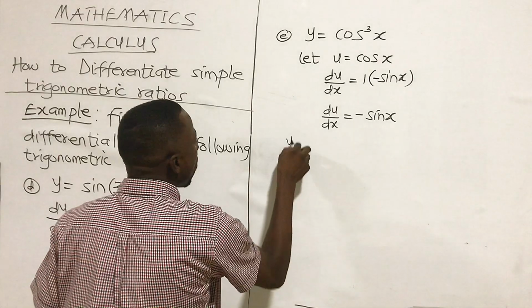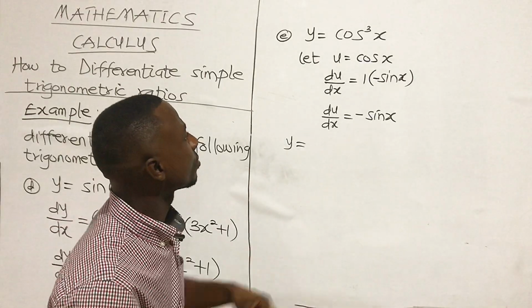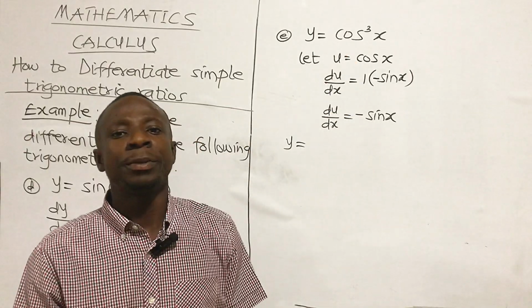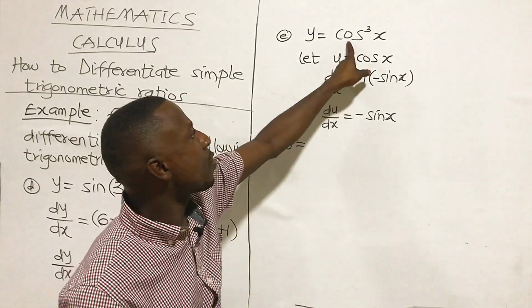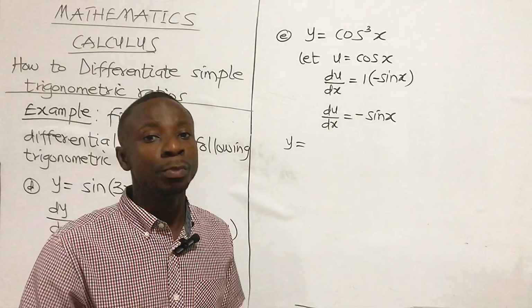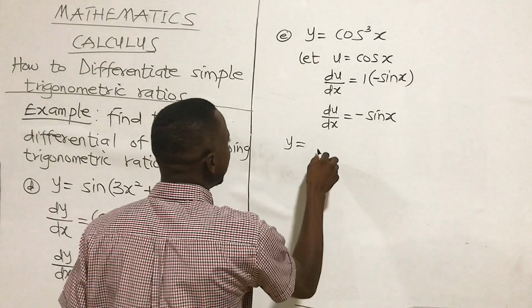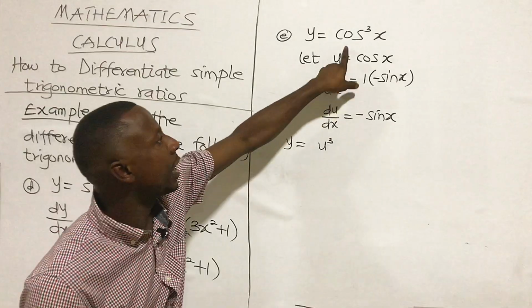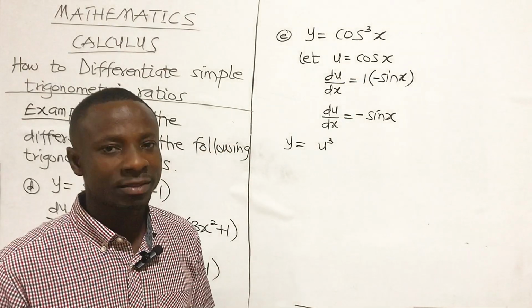Then we have y is equal to. Now from here, we said we should let u represent cos x. But the original question was cos cube, so it's going to be u cube, because u is now cos.